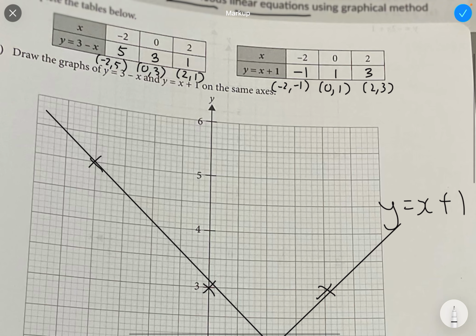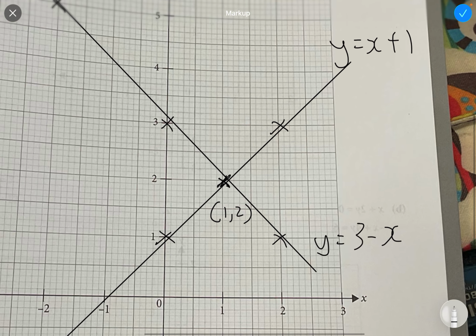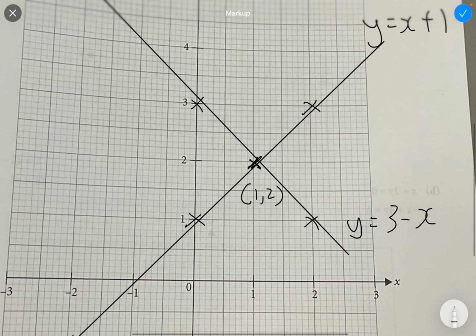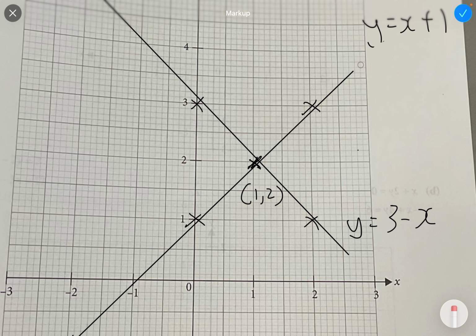Yes. That's the question. But, wait. Yes. So when they ask you hence solve the simultaneous equations, doesn't it mean like the place where they will be? Yes.